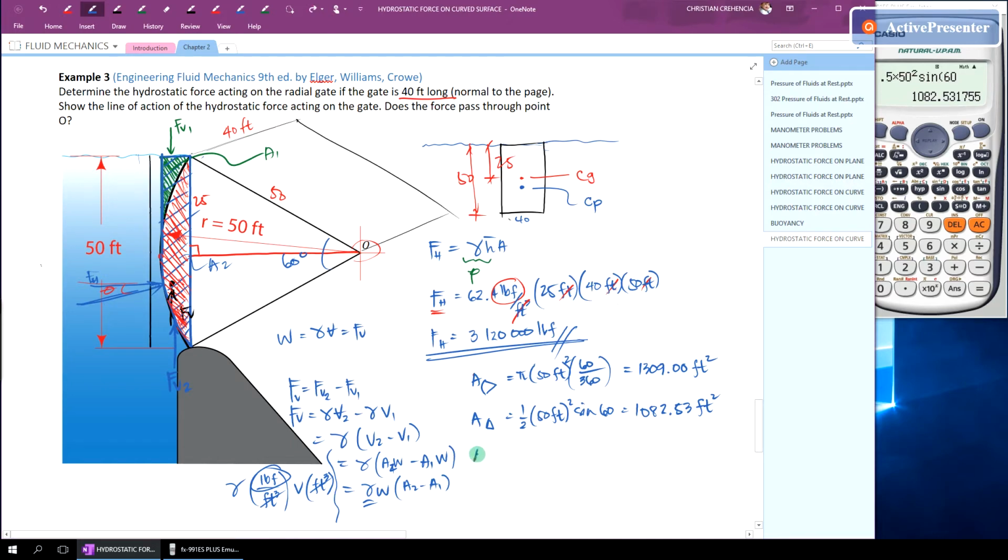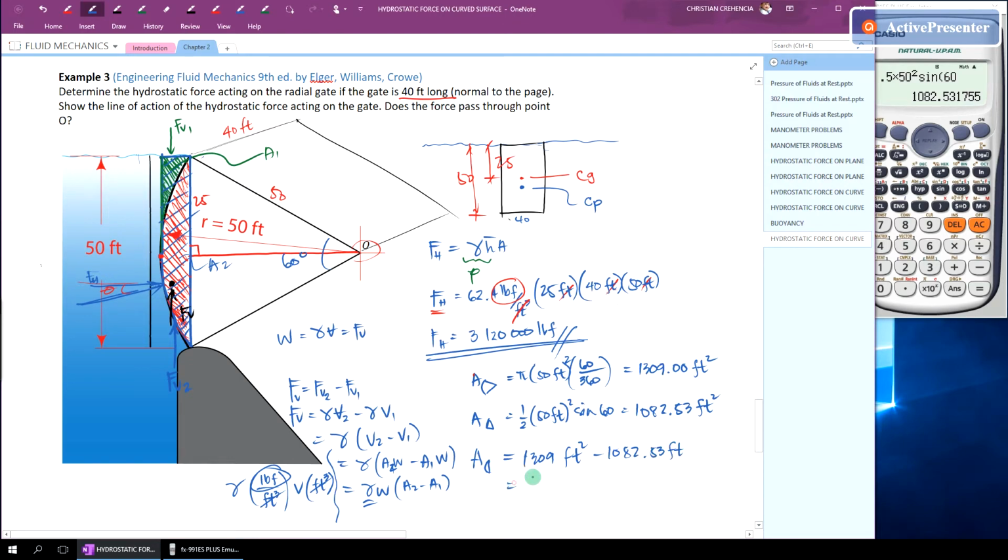Okay. Then, pwede na natin makuha yung area ng itong part na to. Okay, so for the area of the circular segment, so that's the difference itong sector natin minus the triangle. So, na-solve na naman natin ito, no? So, we have 1309 square foot minus 1082.53.